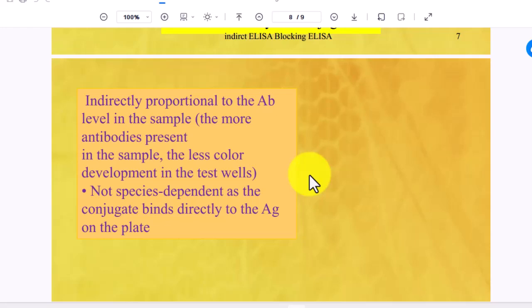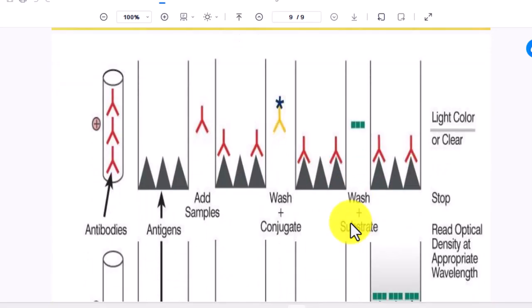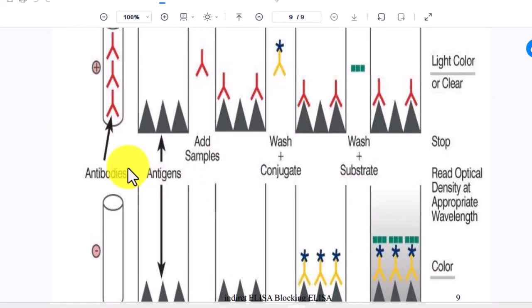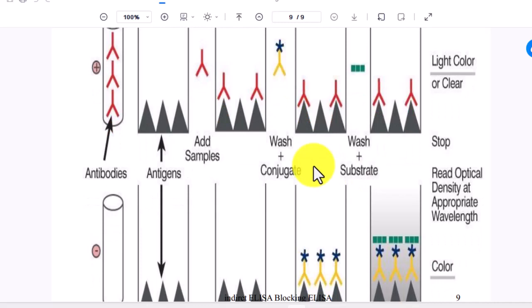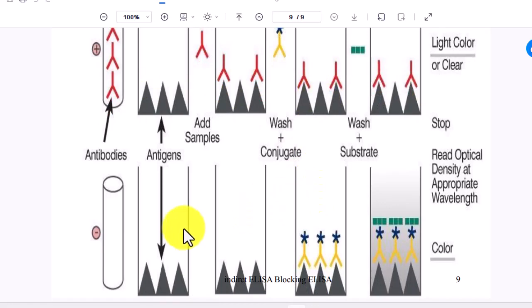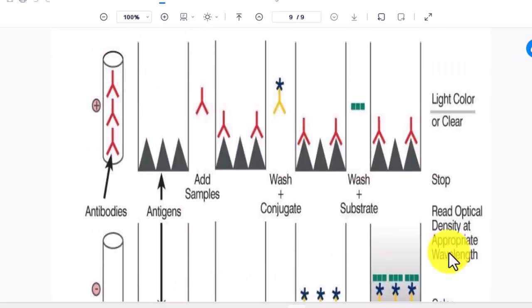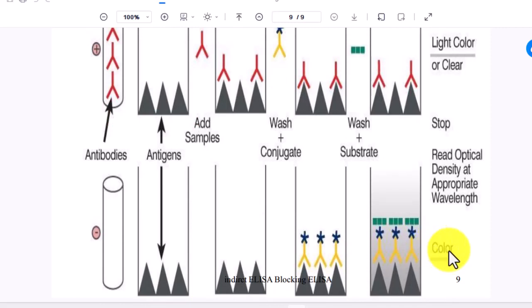There is a reverse for the indirect ELISA, non-species dependent, as the conjugate binds directly to the antigen on the plate. Here we can imagine this antigen, this the added antibody, the specific antibody. We wash every time. If there is antibody, this is a positive result, light or clear color. Here a negative result, the color is more intense, more dense.